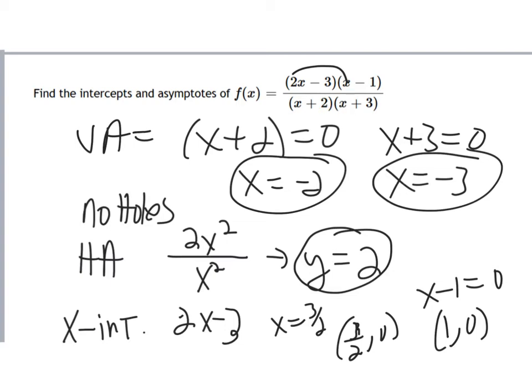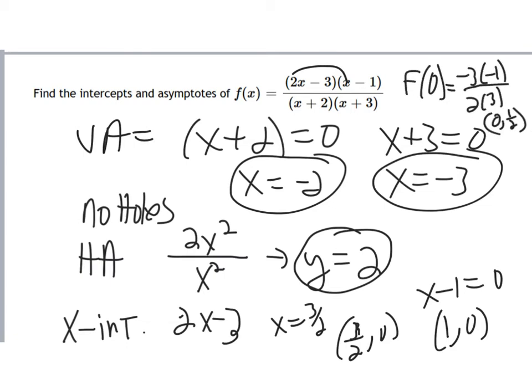Now for the y-intercept, you're finding f of 0. In the numerator, 2 times 0 minus 3 is negative 3, and 0 minus 1 is negative 1. Over 2 times 3, which is 6. So that's 3 over 6, which is 1/2. So the y-intercept is the point (0, 1/2).